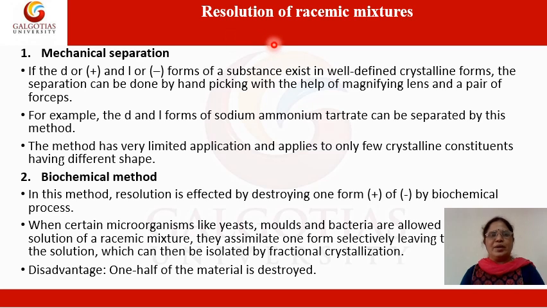Now, if the dextro and the levo forms of the substance exist in well crystalline forms, then the separation can be done by this method. That means the dextro and levo forms should have different crystalline forms, and in that case we can pick up the crystals from the mixture with the help of forceps by using a magnifying lens.